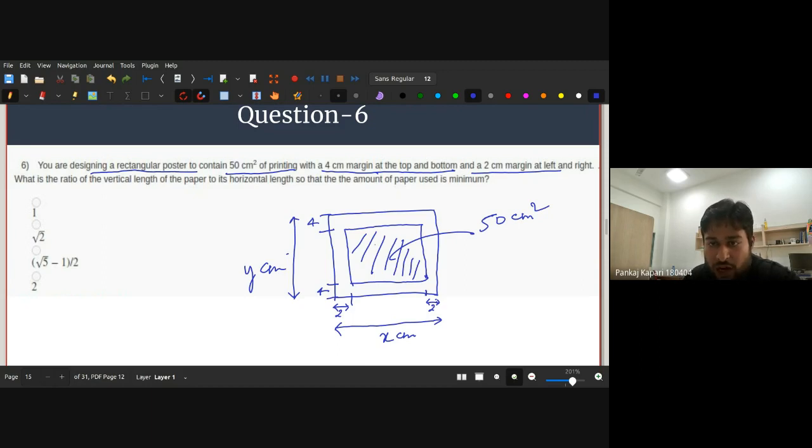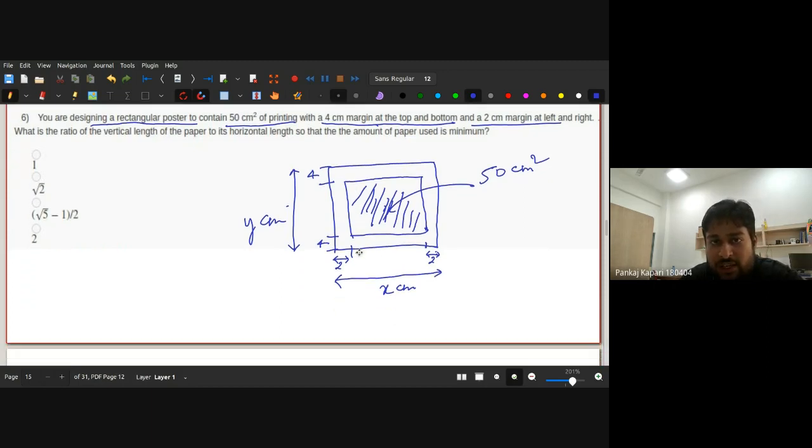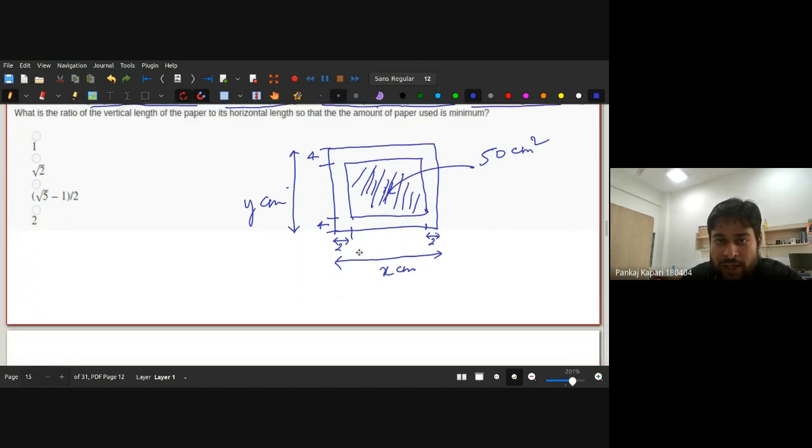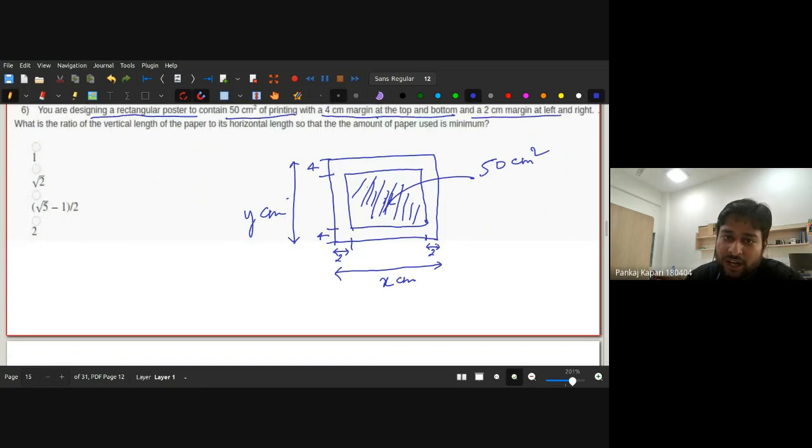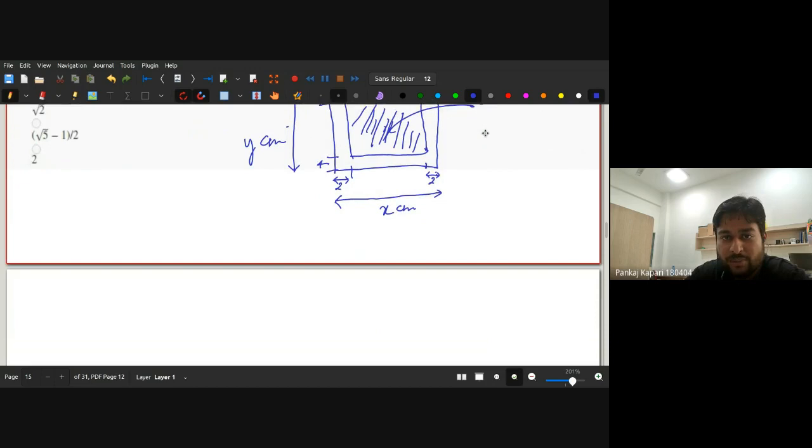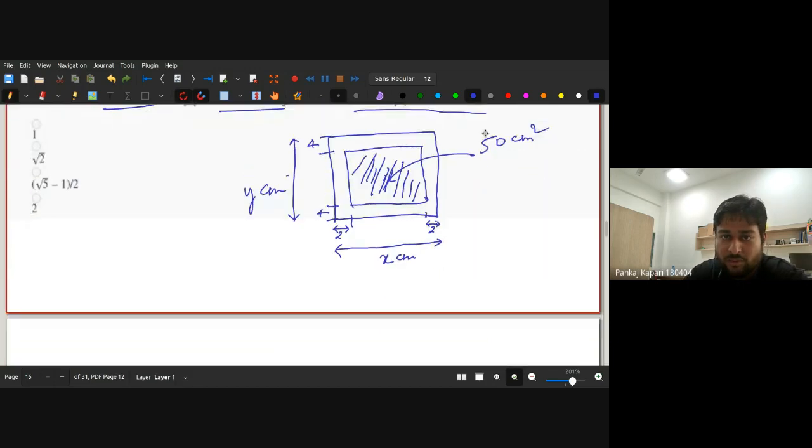Now I know the area of this particular part, and I have to minimize the overall area. The problem says to find the ratio of the vertical length and horizontal length so that the amount of paper is minimum. That means we have to minimize the area.